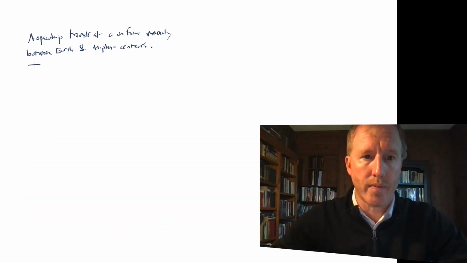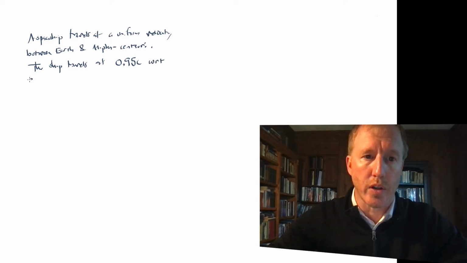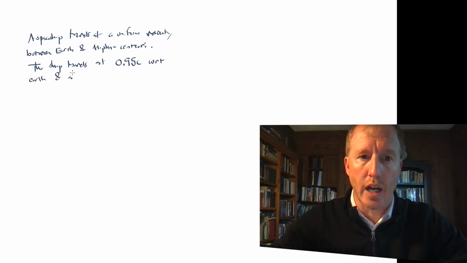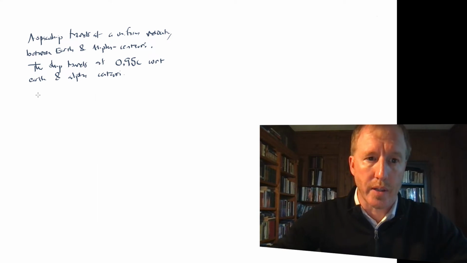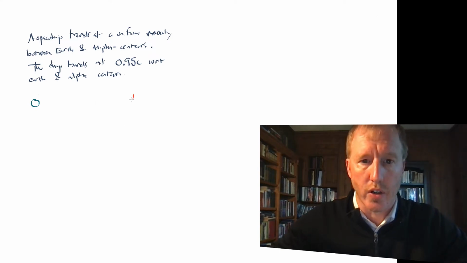So the ship travels at 0.95 c, or 95% of the speed of light, compared to Earth, or with respect to both the Earth and Alpha-Centauri. So the picture you should have in your mind is something like this. You've got Earth over here, and you've got Alpha-Centauri, a star, over here, and these reside in a particular reference frame.